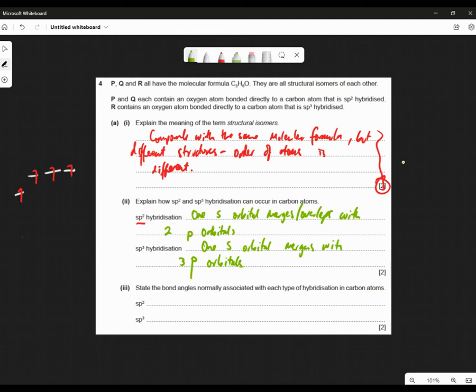That's all they want. They want to know how it can occur, simple as.